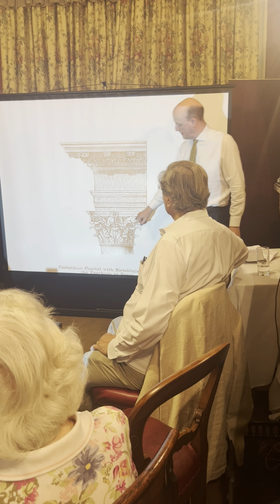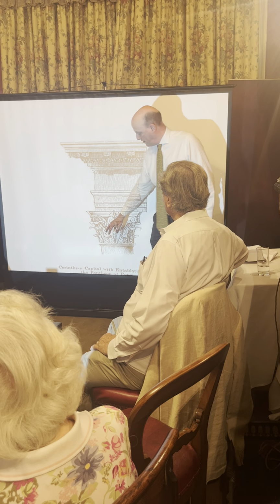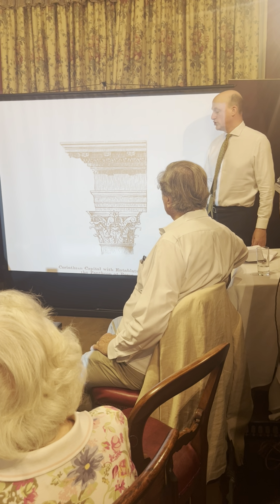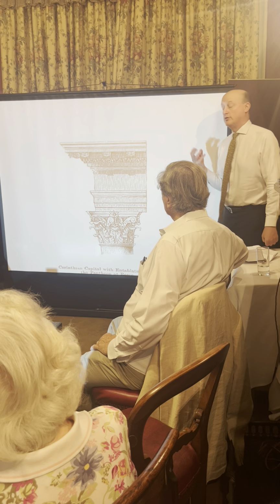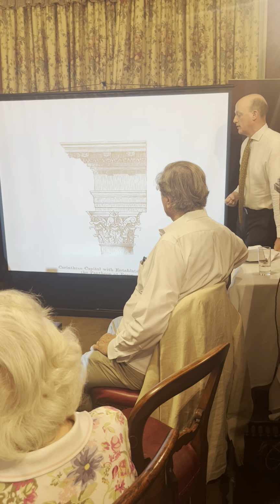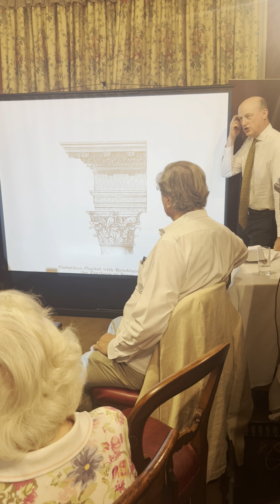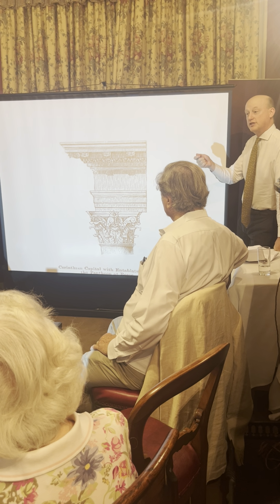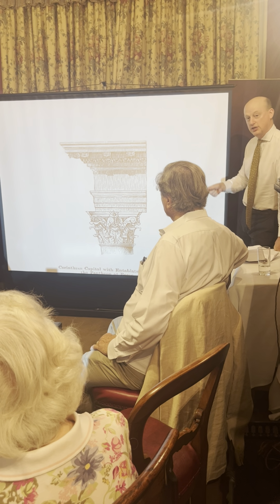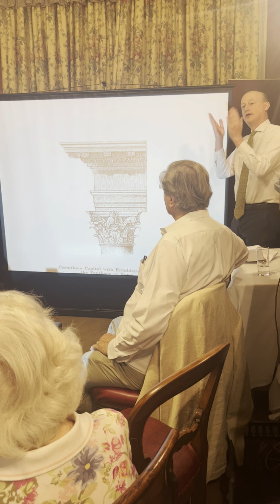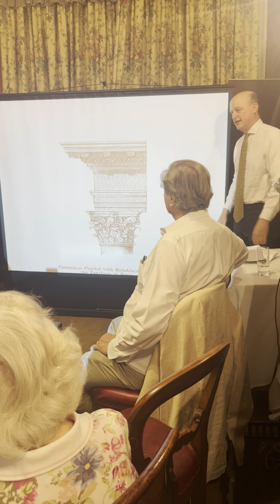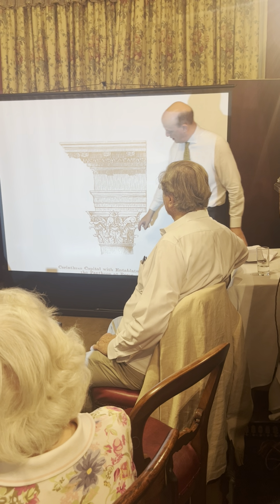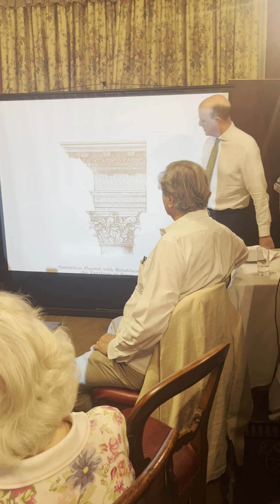Corinthian combines little volutes with the acanthus leaves, which still grow in Greece and Italy and Egypt. When I used to teach architectural history at an art school in South London, where they were teaching carvers, they grew acanthus leaves there to teach them. But here in our damp climate, acanthus leaves collapse. But in Greece and Italy, they're stiffer, they stand up straighter like that.